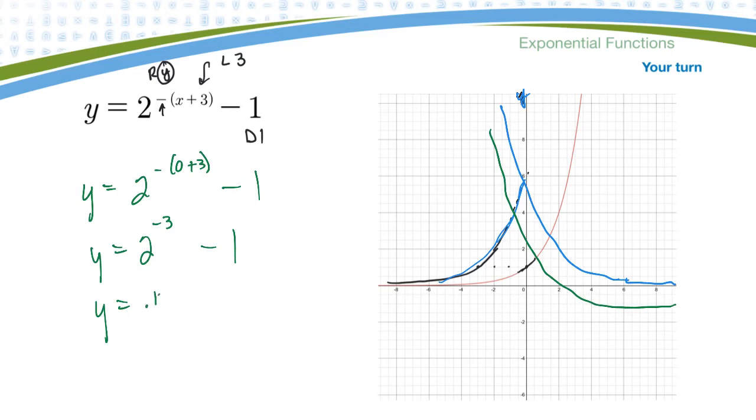So you get 0.125 minus 1, which would be negative 0.875. And so you could actually figure out exactly, your point would be (0, negative 0.875). And so you could find a spot that would probably be right about there on your graph. And so my graph is a little bit out. Hopefully you get the idea of doing those transformations with exponential functions.